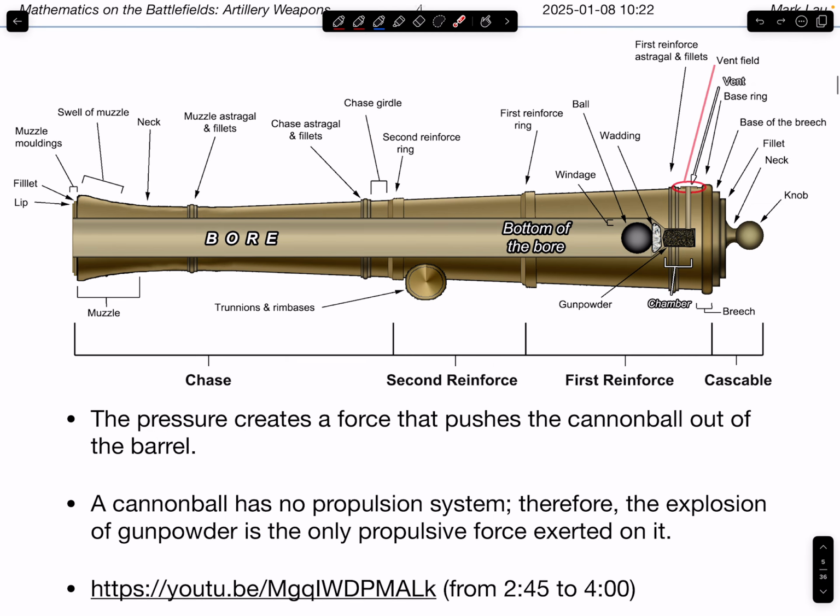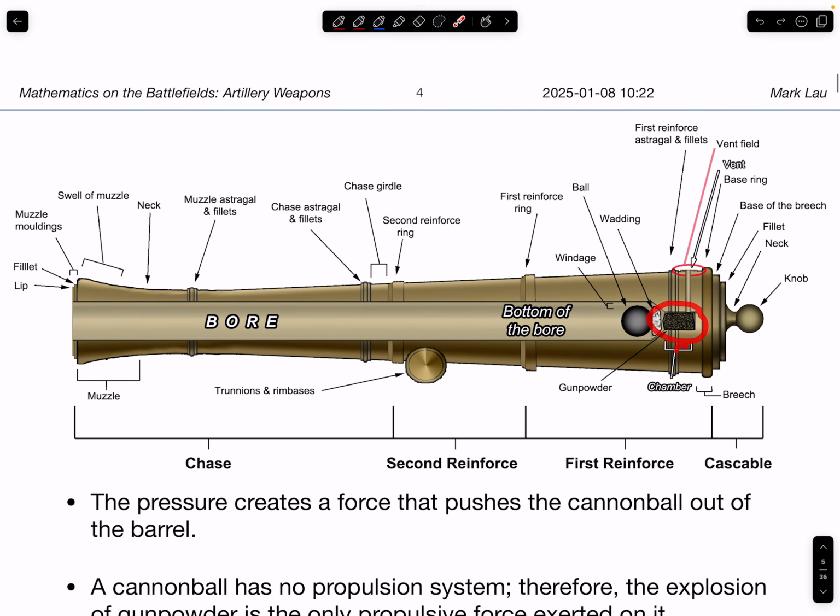So basically, when we ignite the gunpowder, it explodes, and the air or whatever gas molecules that are present, they expand.